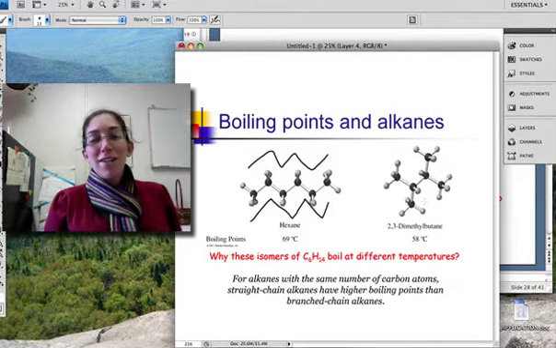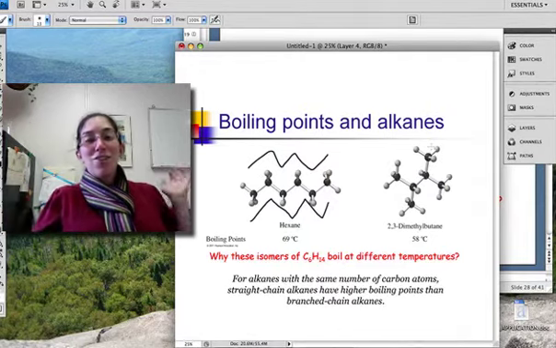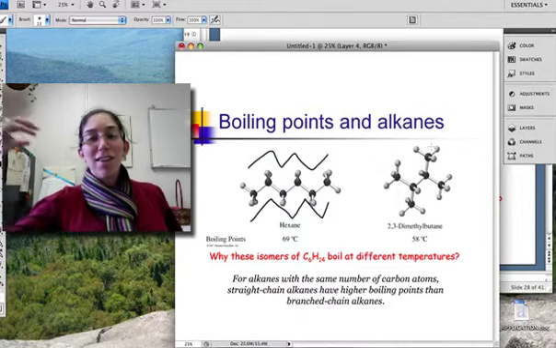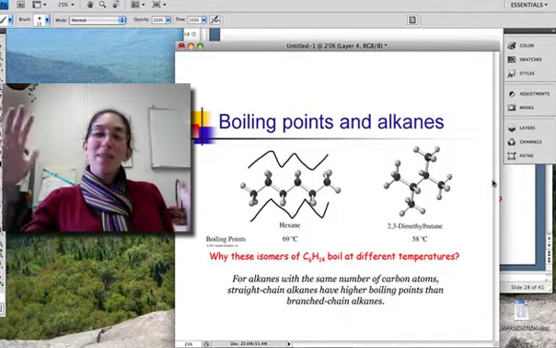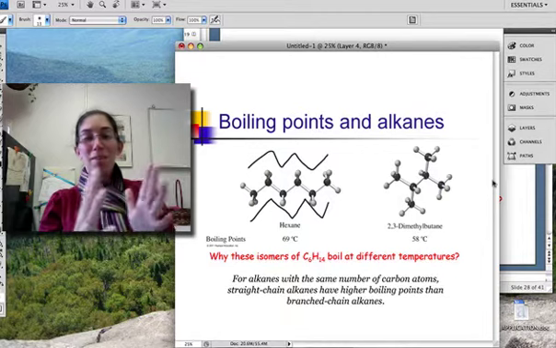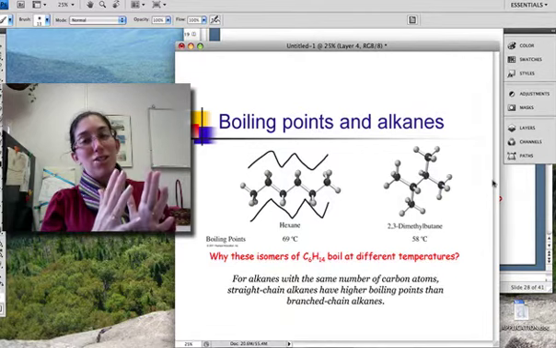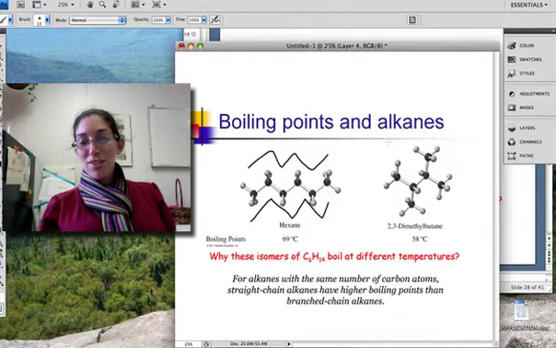However, branch chain alkanes cannot spoon very well. They're spiky and branched and they stick out in different directions and they don't pack as nicely together. So you can't get as much London forces between them because they don't spoon well. In order to have London attractions, the molecules have to be able to get close enough to each other to attract each other. And these guys are just too spiky.